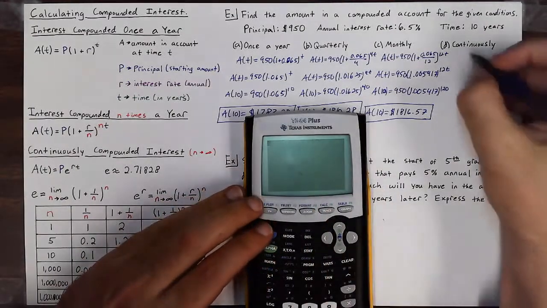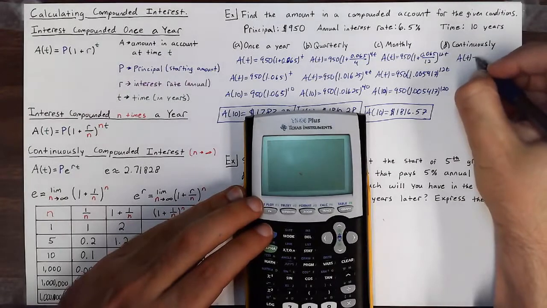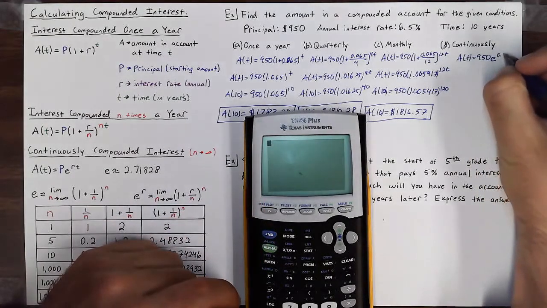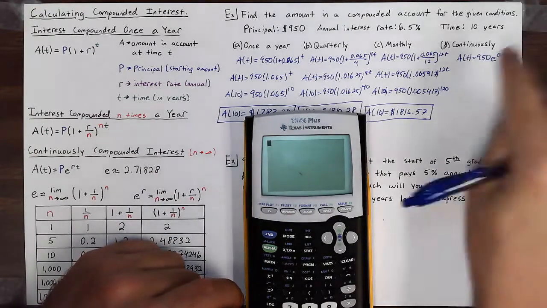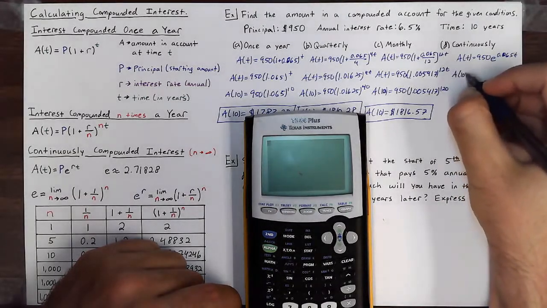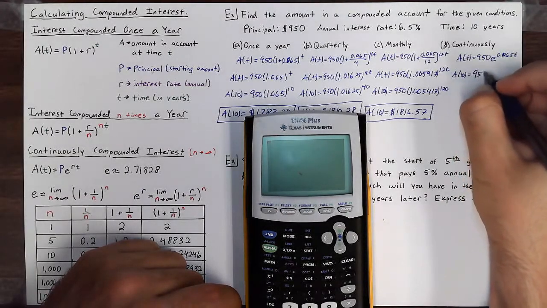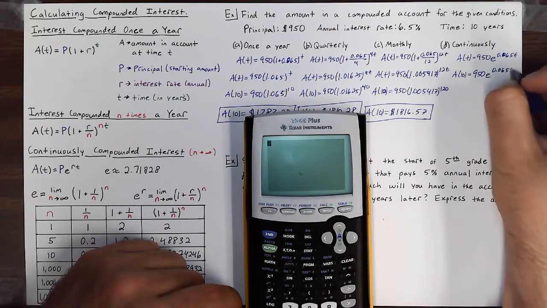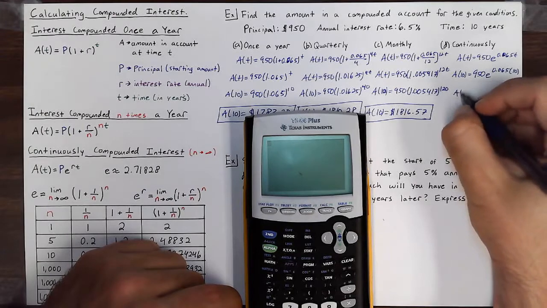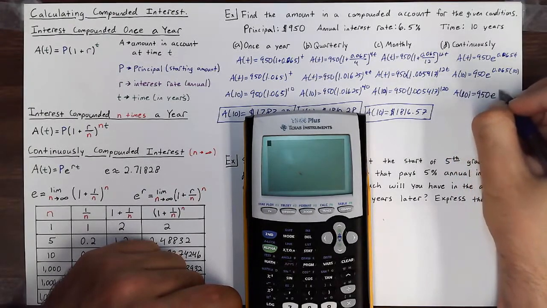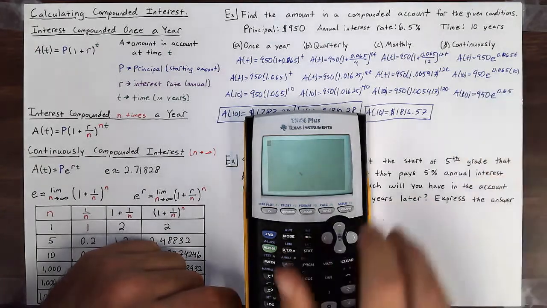So that will be A of t will equal the principal 950 times e to the rate, 0.065t, for the function. So A of 10 will equal 950 times e to the 0.065 times 10, which should be 950 times e to the 0.65 power.